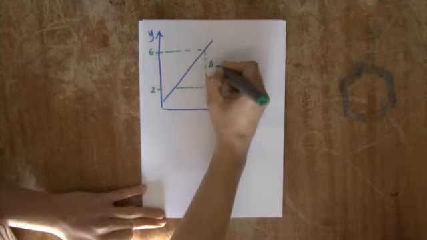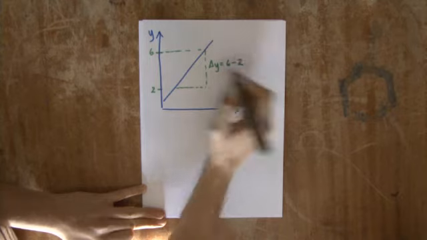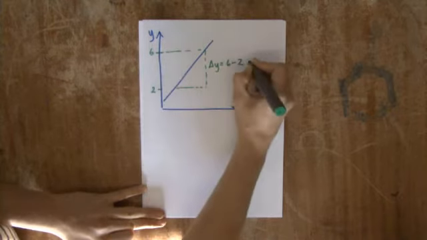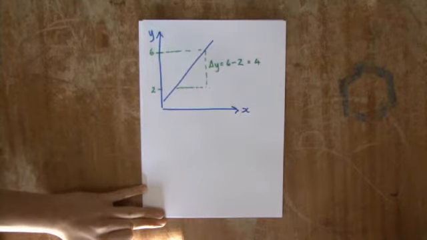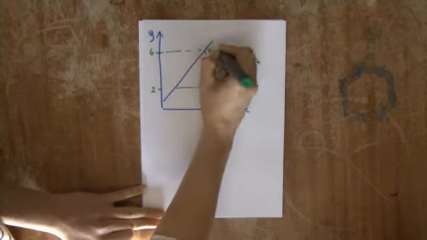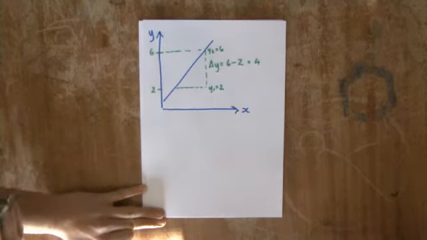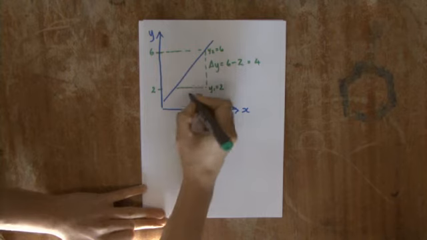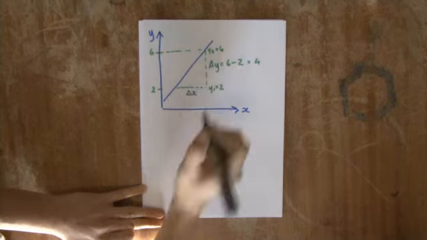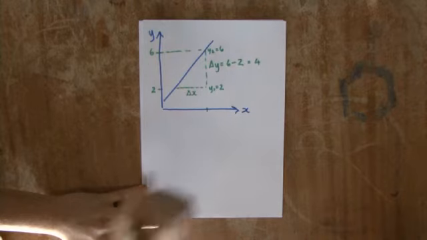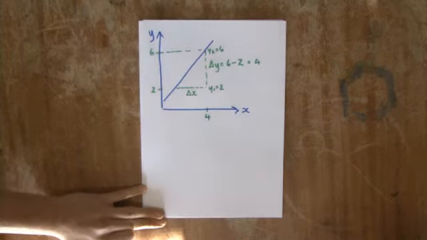So we know that your change in y is equal to 6 minus 2, because this is your y2 and this is your y1. So that's equal to 4. So here, y2 is equal to 6, y1 is equal to 2. And now we want to find the same, we want to find delta x. So you would follow this point down to your x-axis, and let's say we intercept at 4.